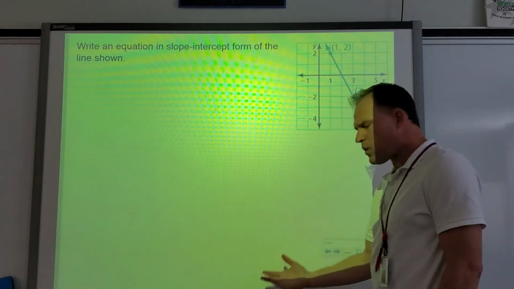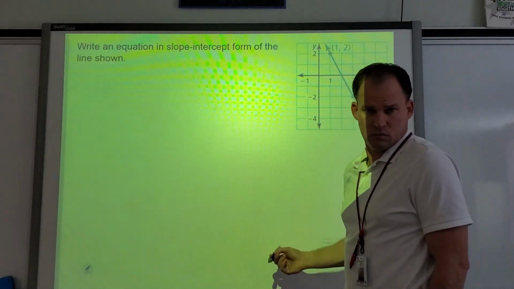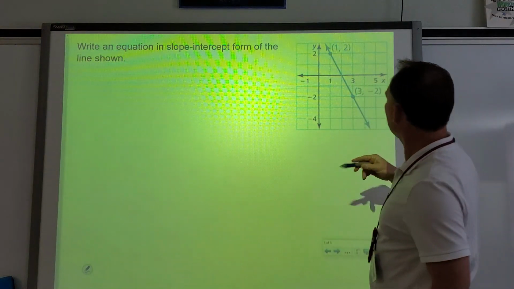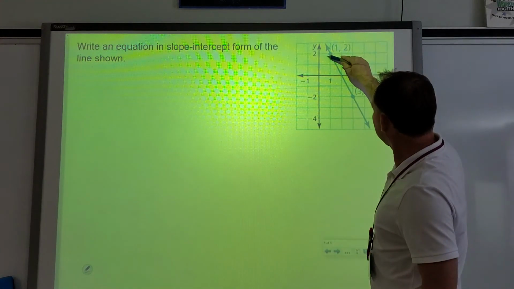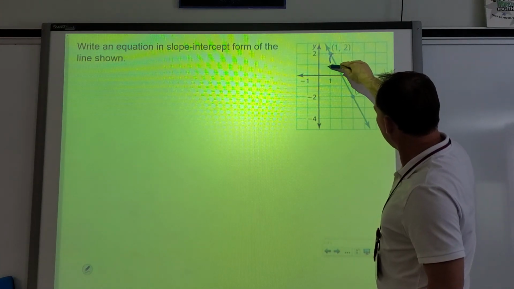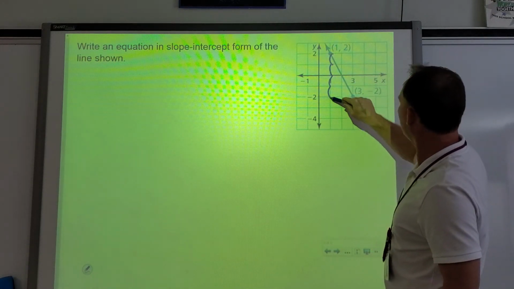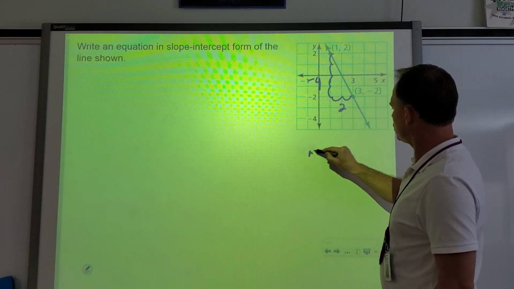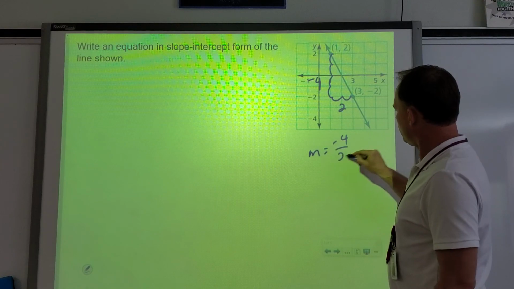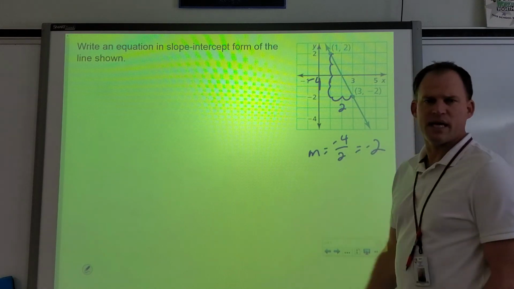That's easy enough. Do I have a slope? Sure. Count. If it gives you the graph, you can just count what the slope's going to be. This is down 1, 2, 3, 4. So it's down 4, right 2. So the slope is -2.